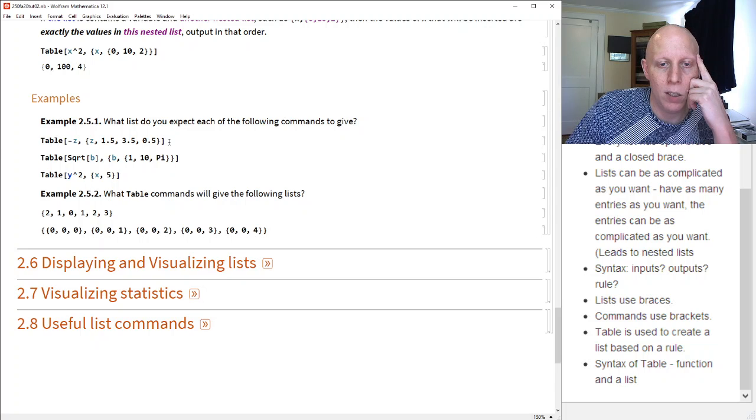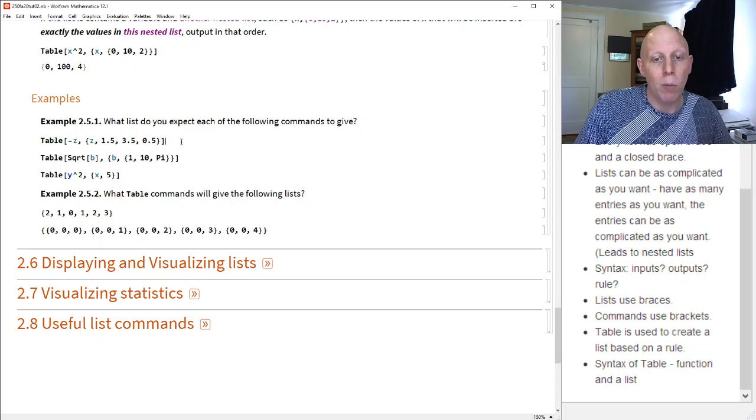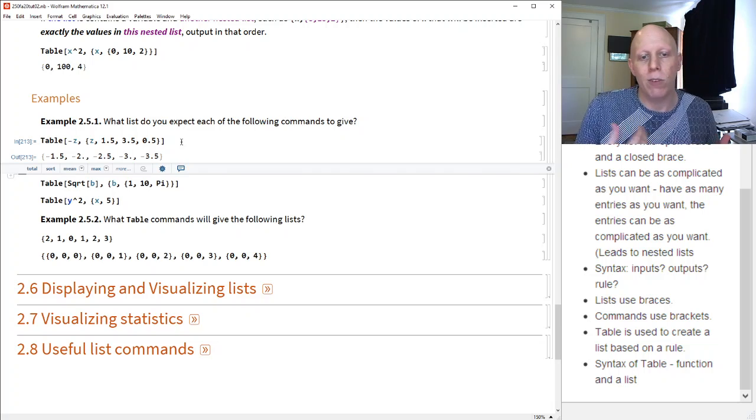Pause if necessary. All right, so let's think about the z values that work. The z is going to be 1.5, 2, 2.5, 3, 3.5, and that's the end. Then we want to do negative of z for that. So when we apply this, we're going to get negative 1.5, negative 2, negative 2.5, negative 3, negative 3.5.